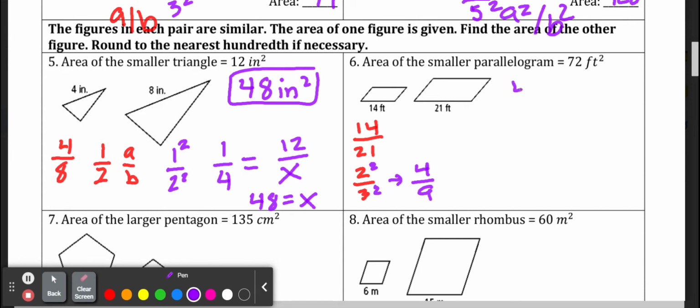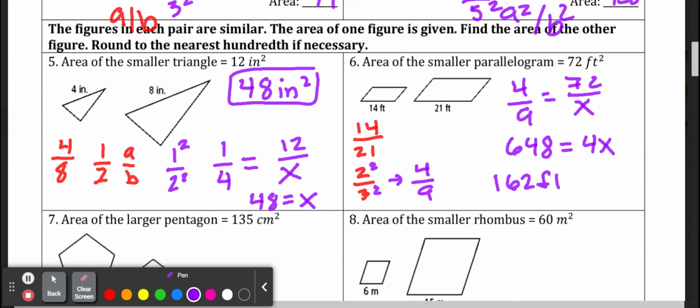And then we can take 4 over 9 is equal to 72 is the smaller, so we're going to put it on top over x. So you get 9 times 72, which is 648, equals 4x. Then divide by 4, and we get 162 square feet.